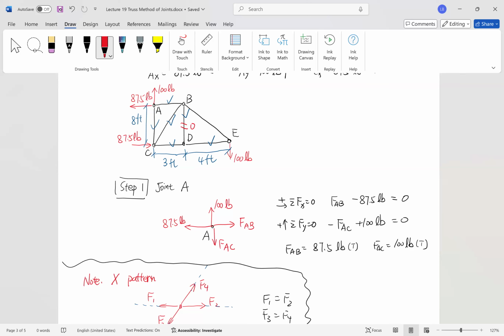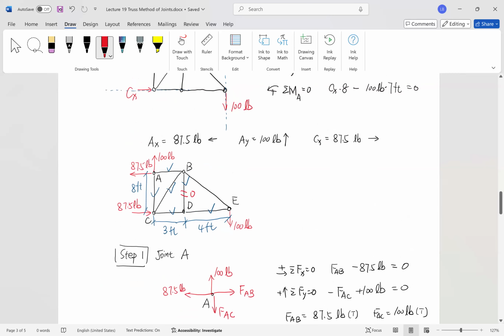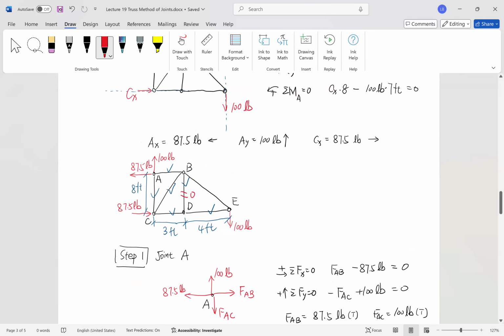It is relatively more organized, and it is good when you are required to solve for all member forces. So when would that be the case? It is when you design the truss structure.